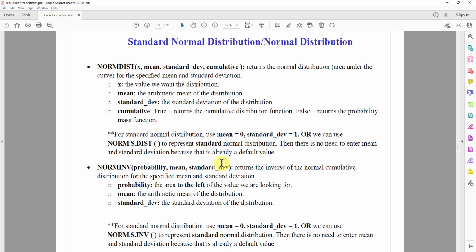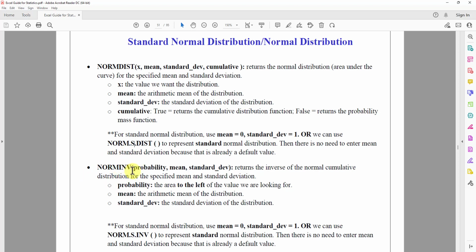Okay, so this one will return the area under the curve. What happens if I know the area under the curve, but I want the value on the z-axis, right? And that would be the other way around. So we use another function, NORM.INV, inverse norm.